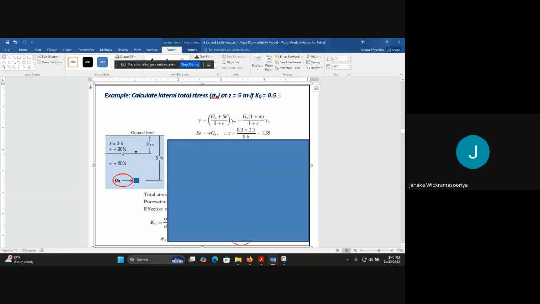Moisture content is given as 0.3, and specific gravity of the soil is taken as 2.7, so that you can find the gamma or the unit weight of this particular soil. First, you have to determine the unit weight of this soil, but in the normal questions, it will be given.